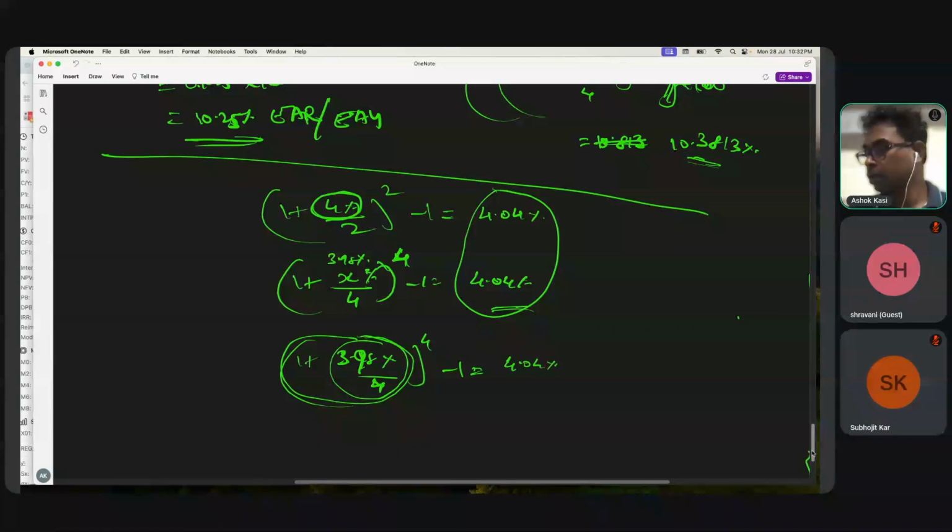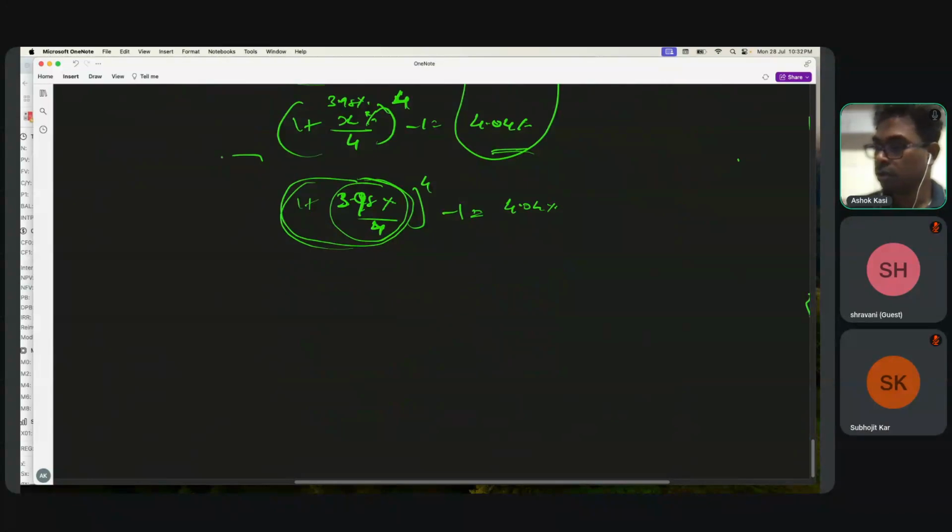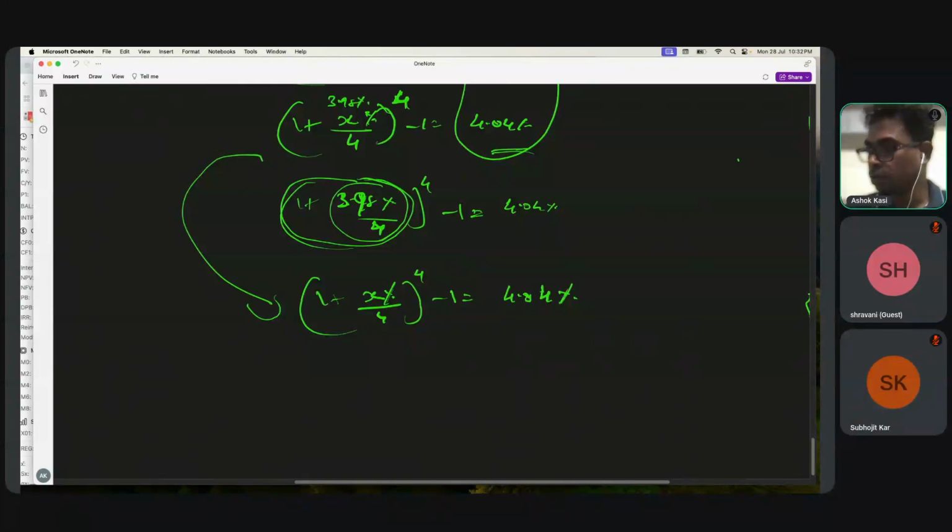But otherwise, if you want to solve it properly, let's solve that also. 1 plus x percentage divided by 4, raised to 4, minus 1 is equal to 4.04 percentage.